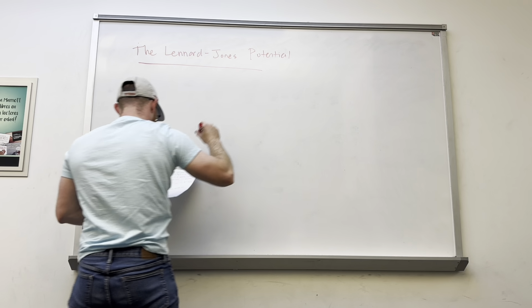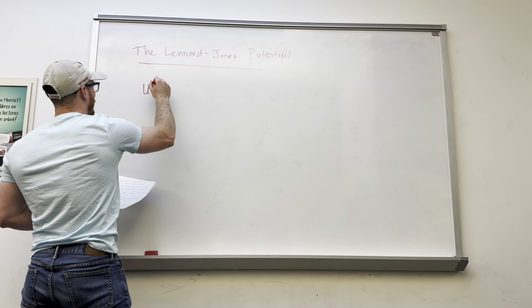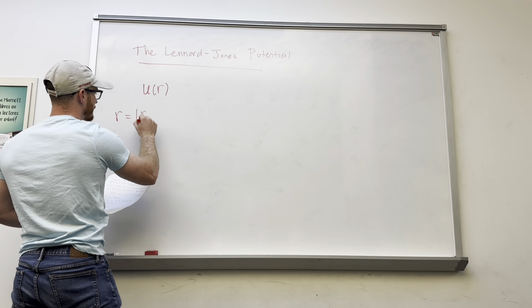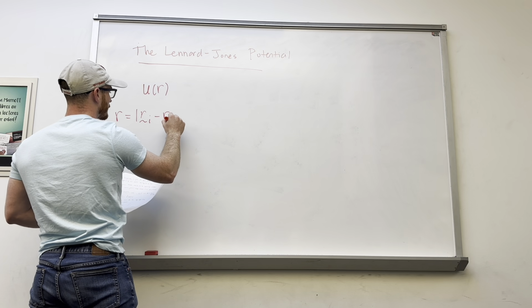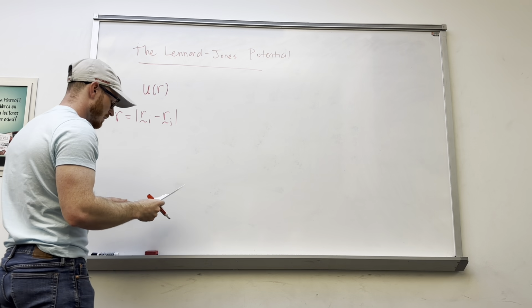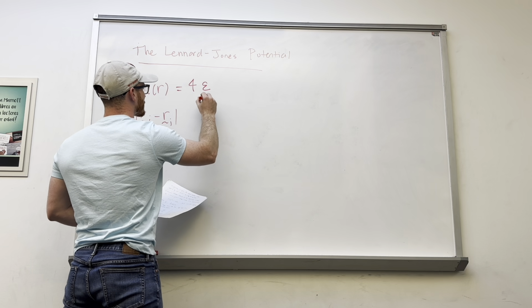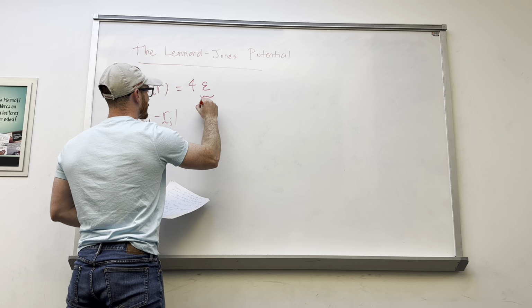Its equation is U of r, and here the r is equal to the relative distance between two particles, is equal to 4 times a parameter called epsilon. This is the dispersion energy.